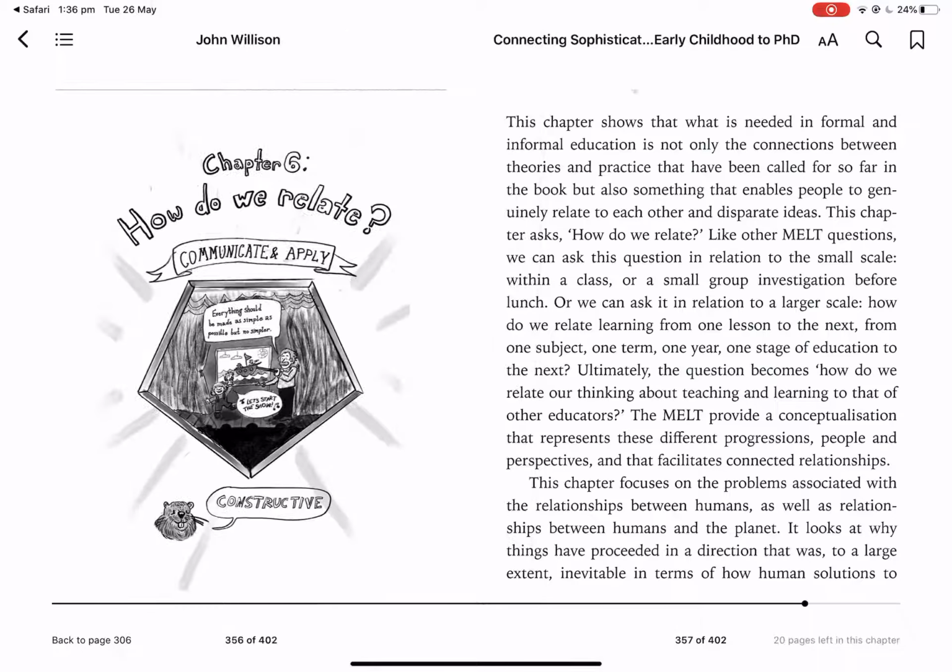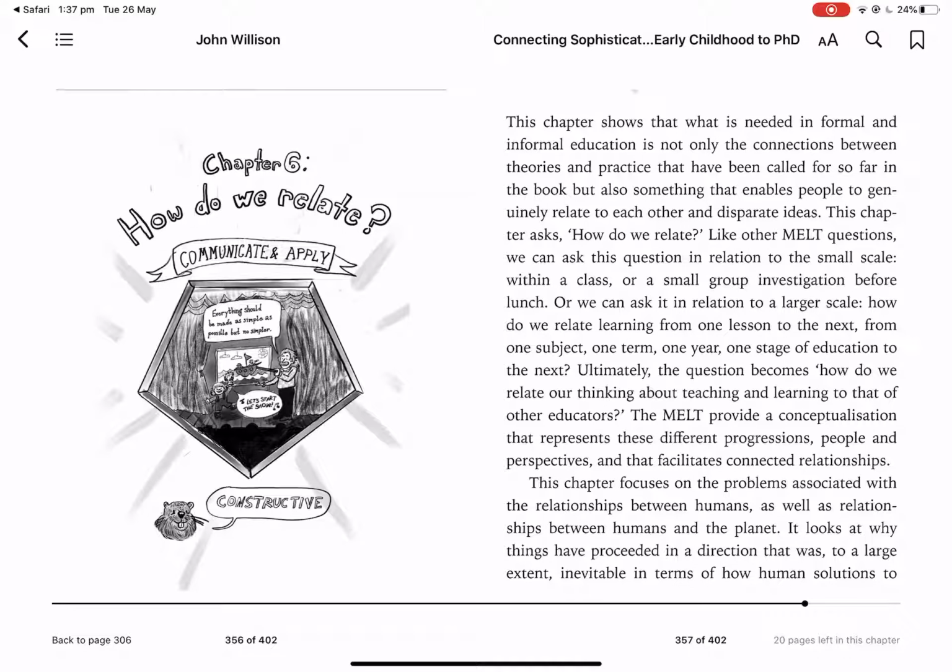So chapter 6, how do we relate? It's all about to communicate and apply, because to communicate, like I've been asking you for titles, is to communicate up front. What is this about? Why would I even bother reading this? To apply is to take my current understanding and apply it to this situation now, just like you're applying your knowledge of teaching and learning to what I'm saying at the moment and into the future.